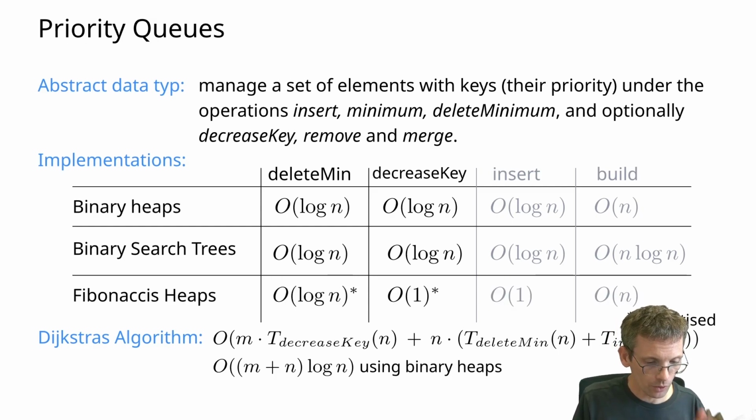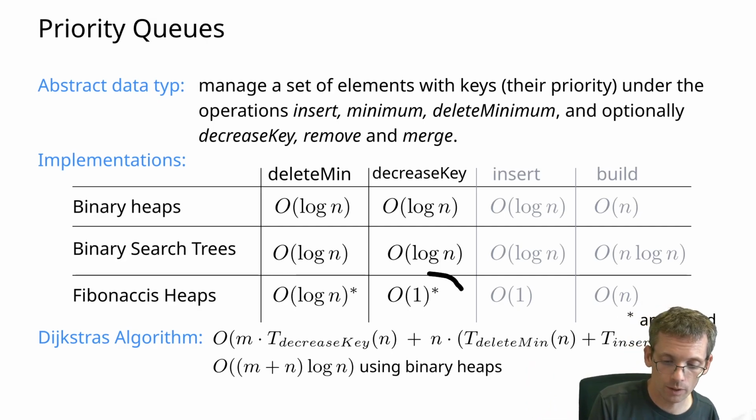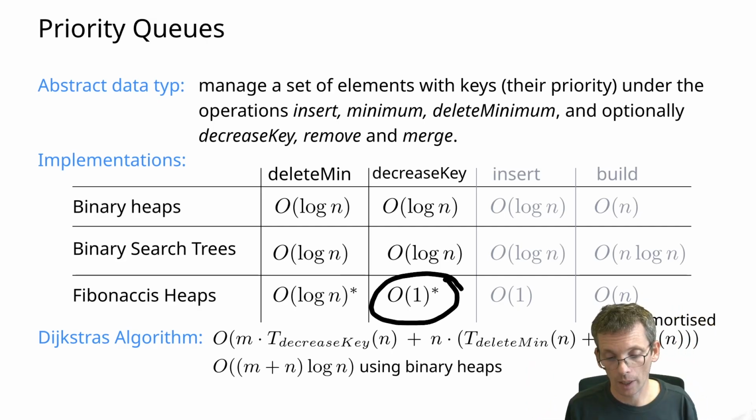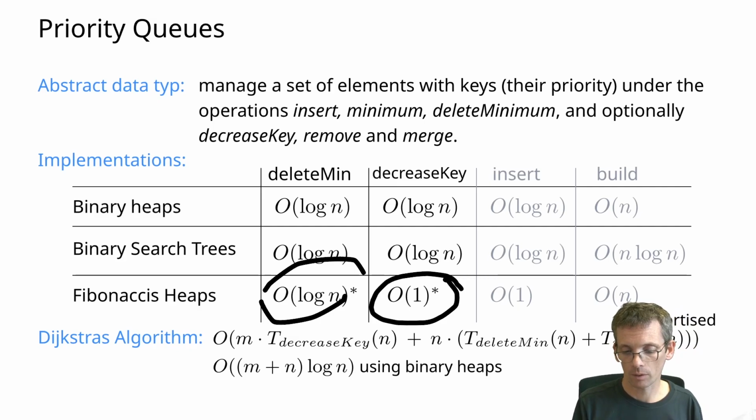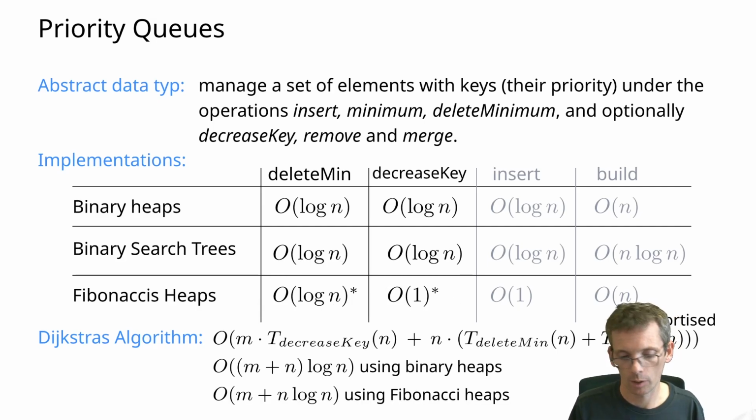Now, using Fibonacci heaps, a more advanced data structure that we want to look at later, I can actually do the decrease key faster, at least amortized. And what that means for us, because delete min is still O of log n, amortized constant decrease key, insertion is fast. Anyway, here I then get an overall running time of O of m plus n log n.